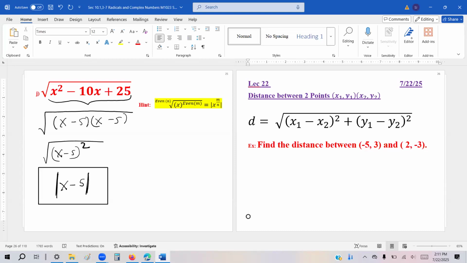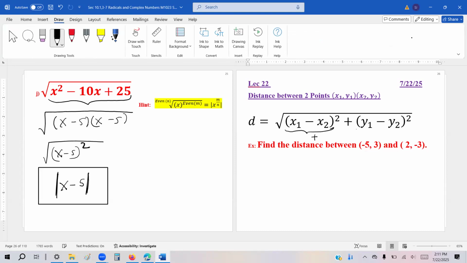So the square guarantees that this result will be positive. Same thing, the square guarantees that this result will be positive. And then you add two positive numbers and take the square root. So that's why distance can never be negative. If distance is negative, that means something is wrong.